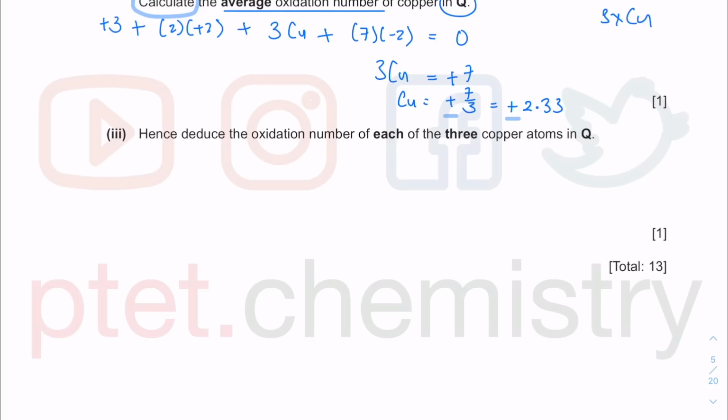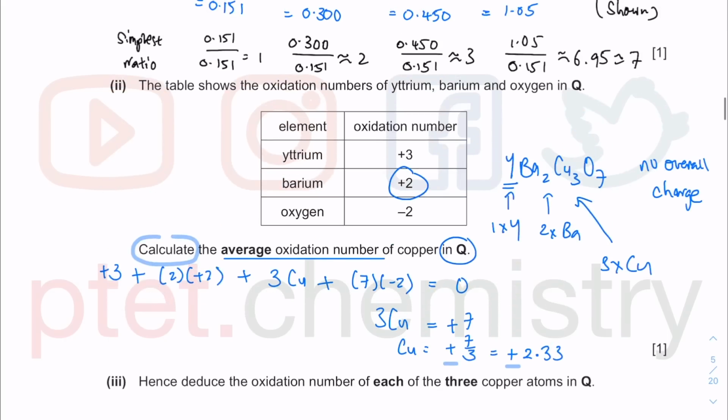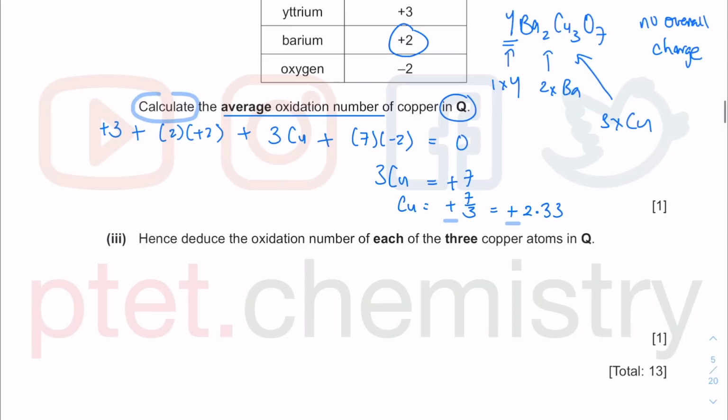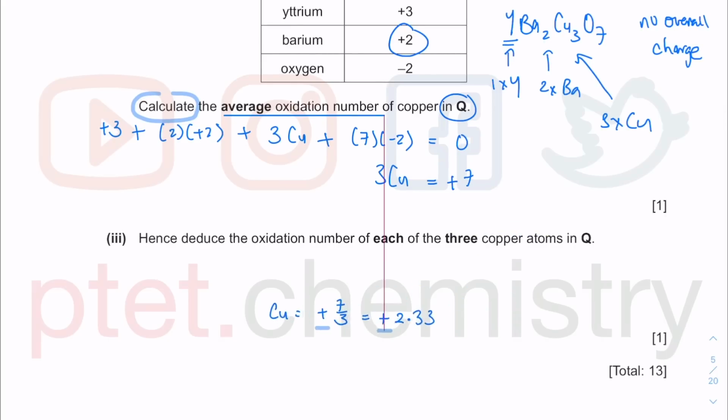What do they want? I don't know what they want actually. Oh, I think I get the idea now. I think they want this one here, because they say the average oxidation number of copper. So what they want is really this one here, the average oxidation number of copper.